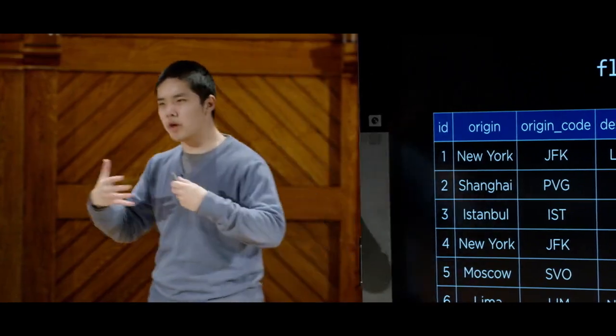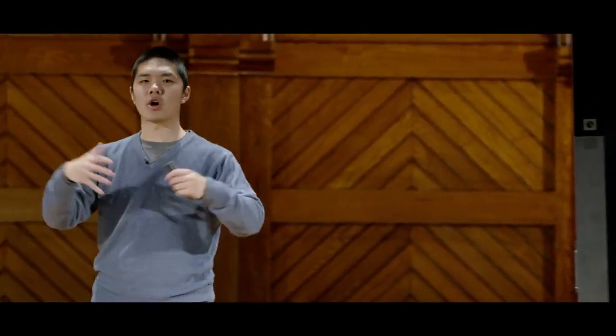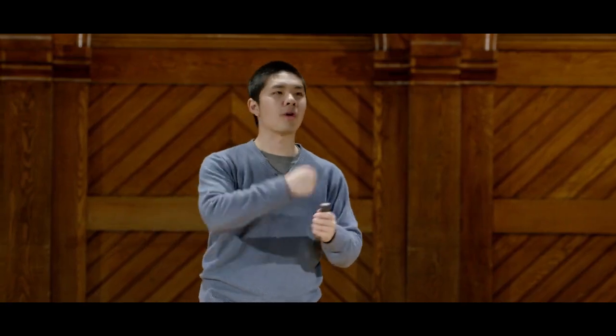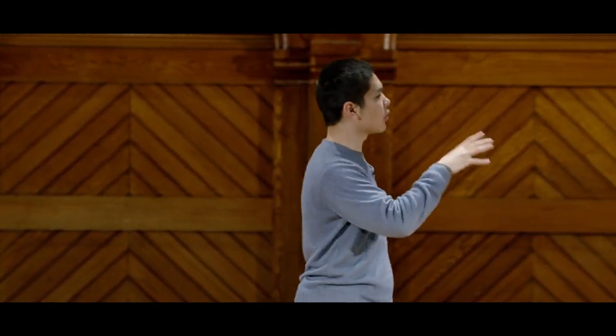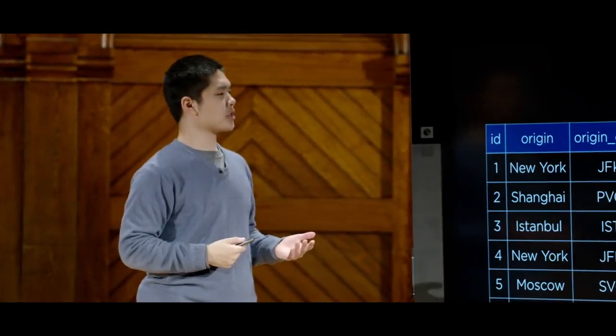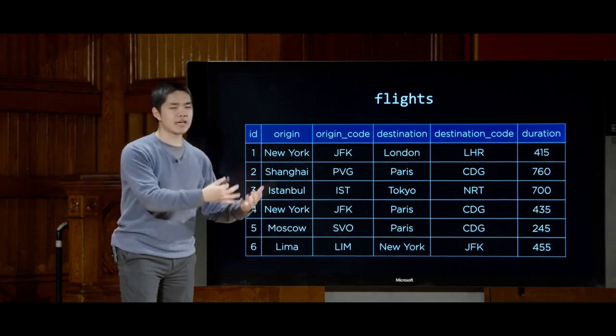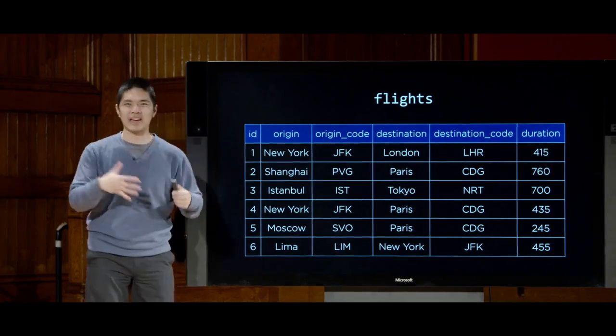And so often what we'll want to do as we begin to deal with data in larger and larger sets with more and more columns is normalize this data, separating things out into multiple different tables that just reference one another in some way. And so instead of just having a single flights table, what we might consider doing is saying that flights are one type of object, but another type of object that I care about is an airport.